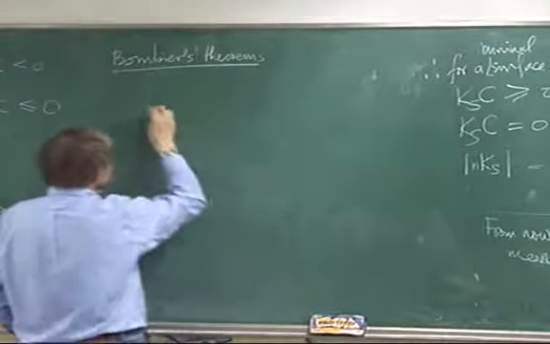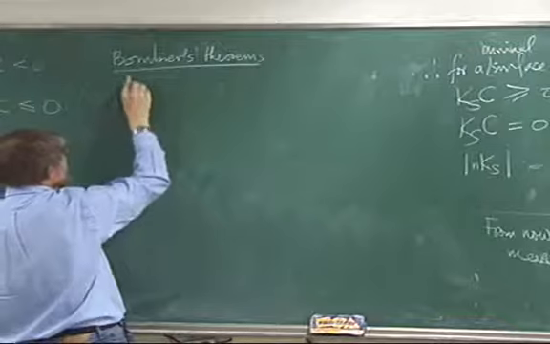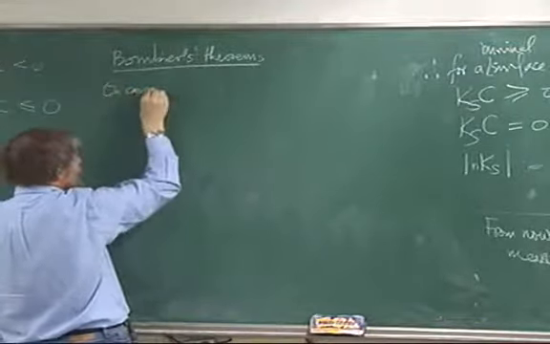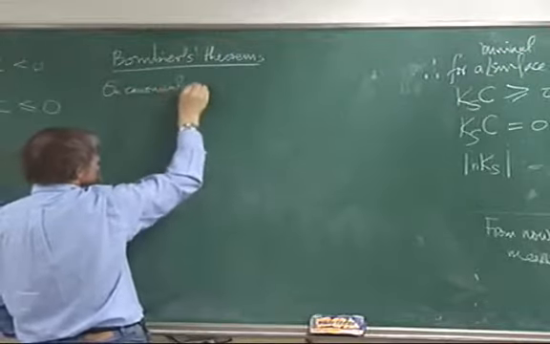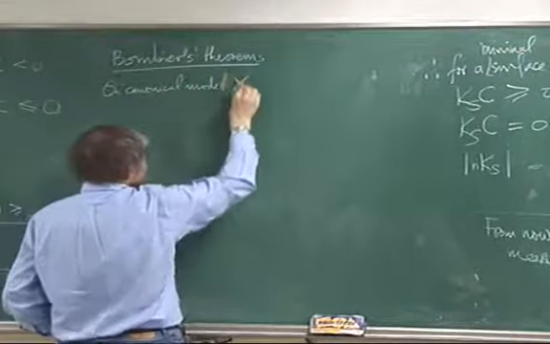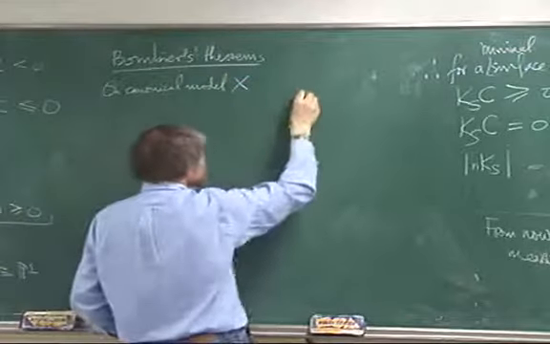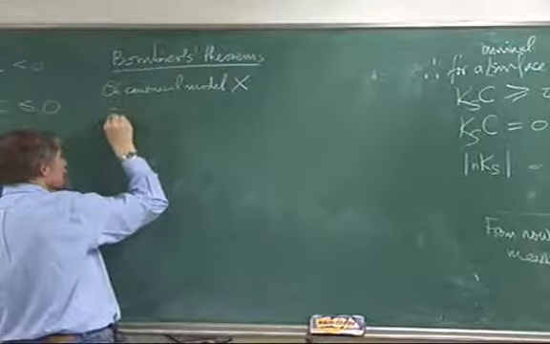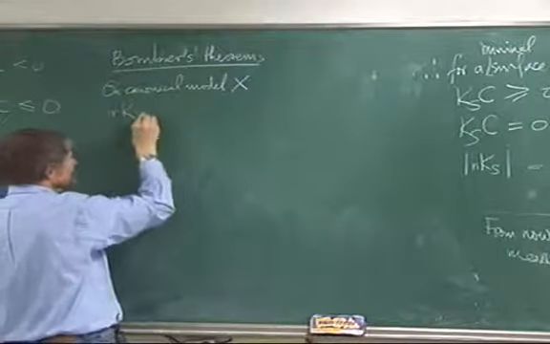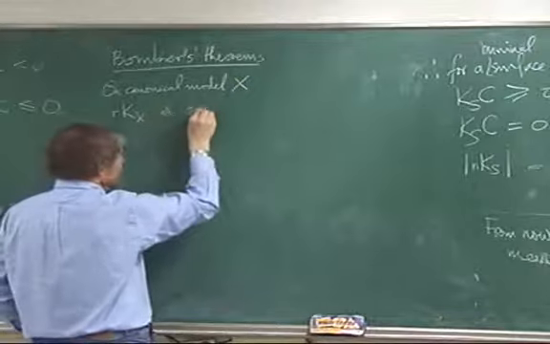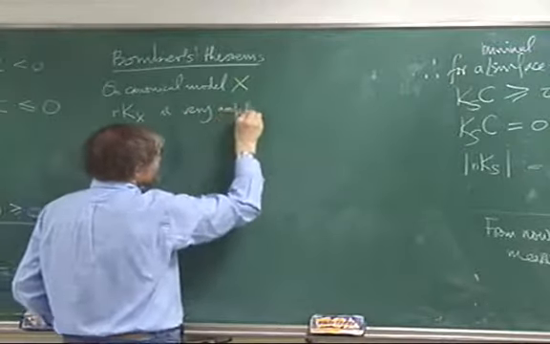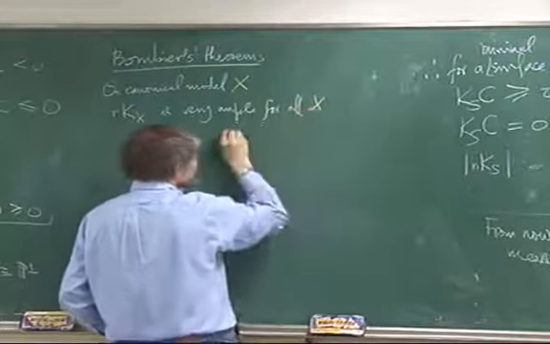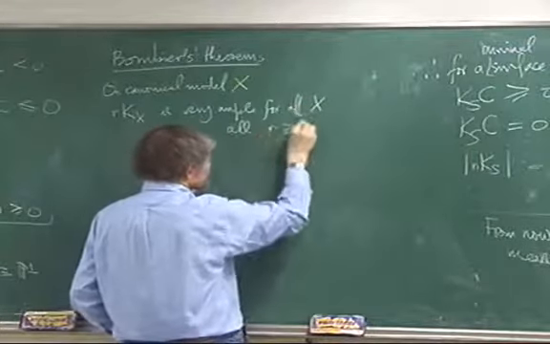So they say that nk on the canonical model X, so you know, this is on the canonical model X, rKX is very ample for all X and all r greater than or equal to 5.